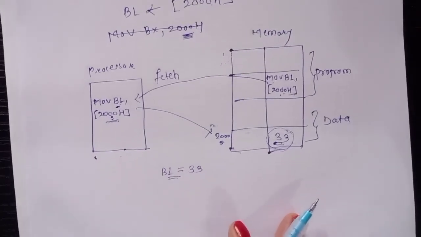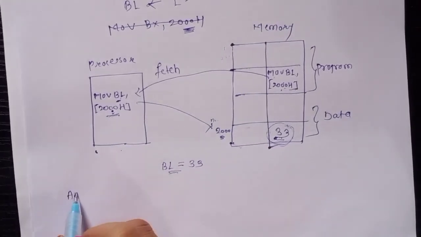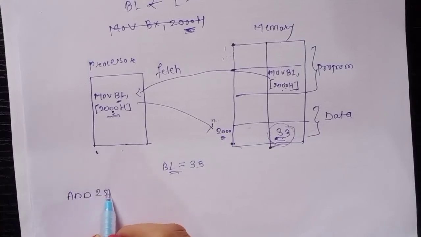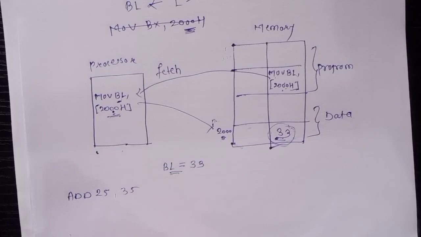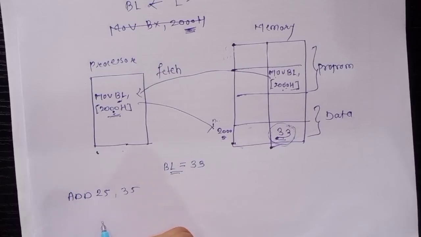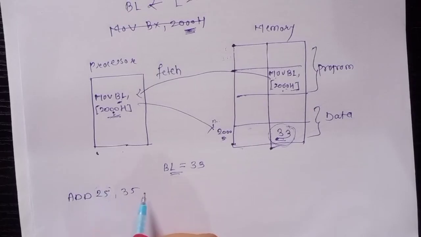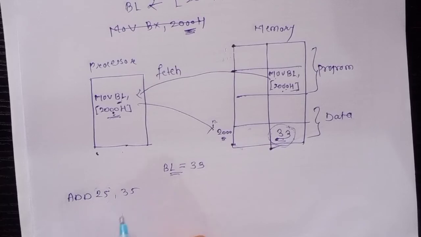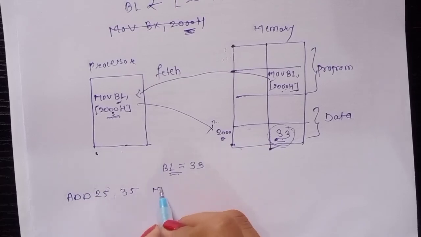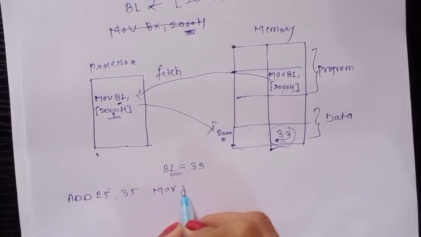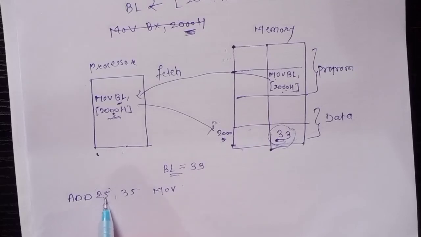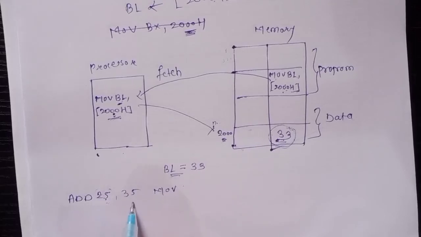Let's say another example, like add 25 and 35. Now let's say this 25 is present inside one register, this 35 is present inside another register, and we have to perform addition of these two. How we will do this? First we have to initialize registers with 25 and 35.